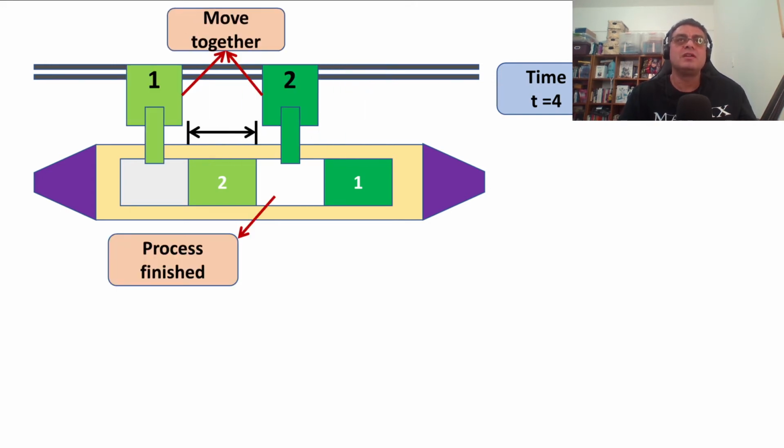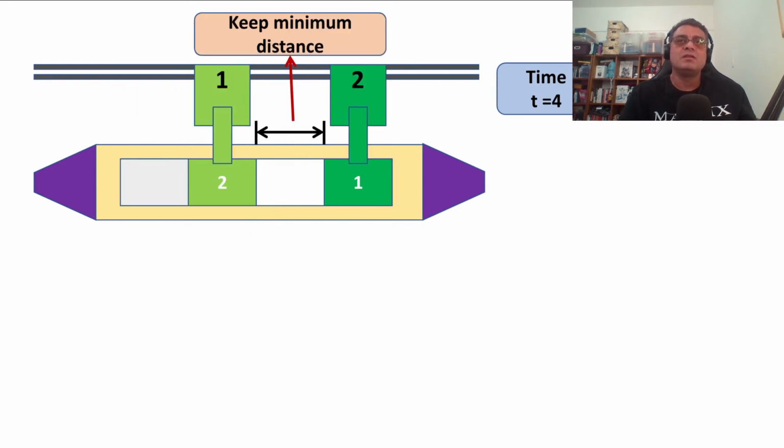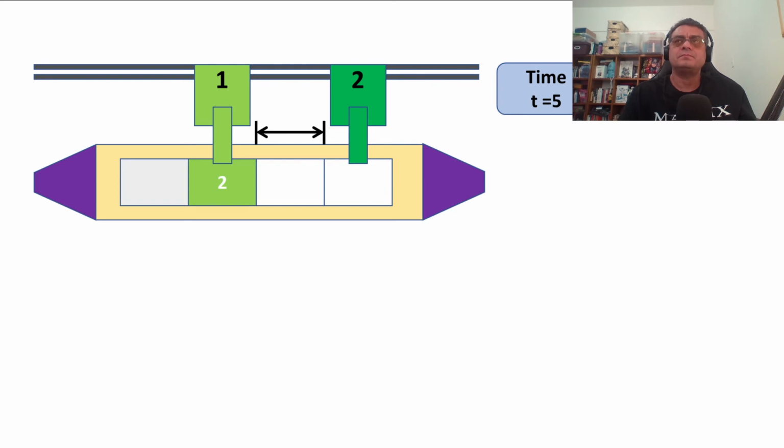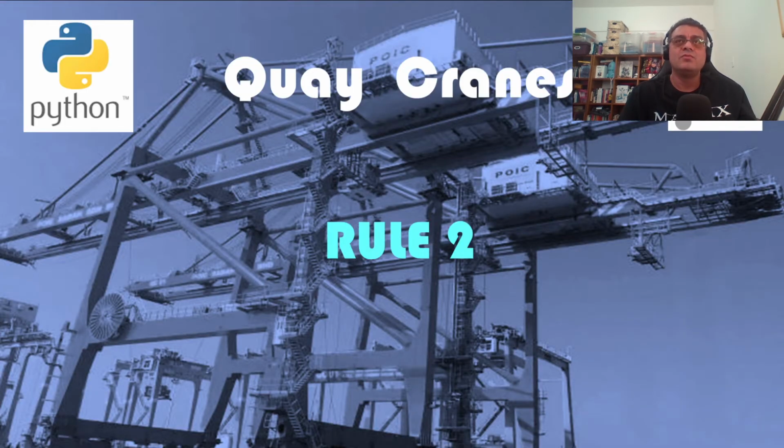They should keep the minimum distance, and they move together to the next bay.